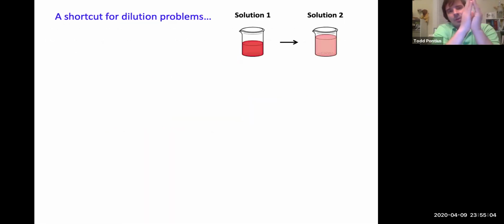Now, it turns out that when you do a dilution, there's a little bit of a shortcut, actually a very useful rule that you can utilize, especially in a lab. Given that the number of moles is equal to molarity times volume, M times V, when we do a transfer, we don't change the number of moles. So if you have initial molarity and initial volume, that gives you the moles.